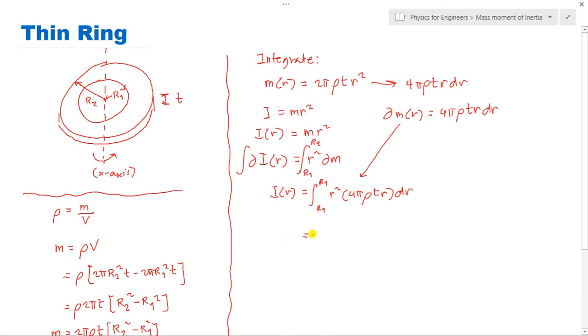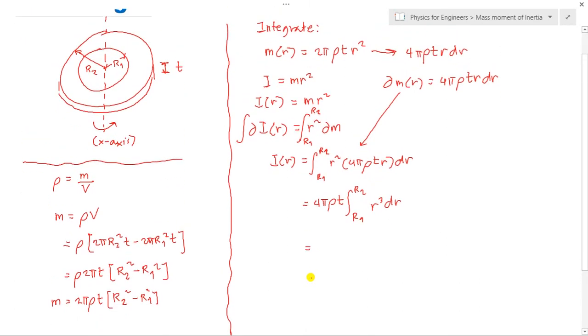Then we extract the constant, so that is 4 pi rho t integral from r1 to r2 of r cubed dr. Proceeding with the integration, that is 4 pi rho t times r to the fourth over 4, from r1 to r2.